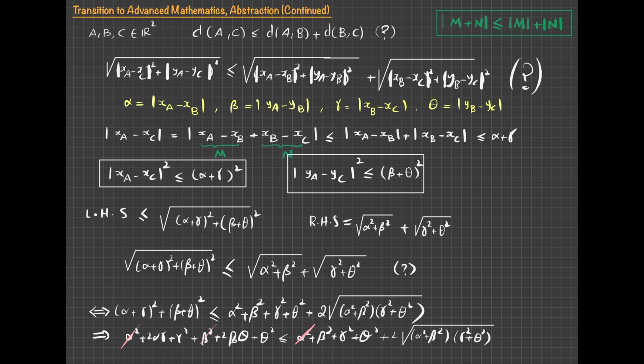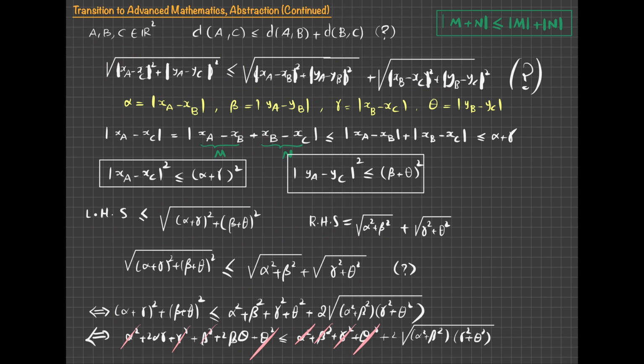Beta squared, gamma squared are all gone. By the way, I forgot to mention that this is also reversible, so I can collect these terms back. Theta squared is also simplified. And then you see that I have a 2 here, a 2 here, and a 2 here. I divide everything by 2. So what I get is this expression.